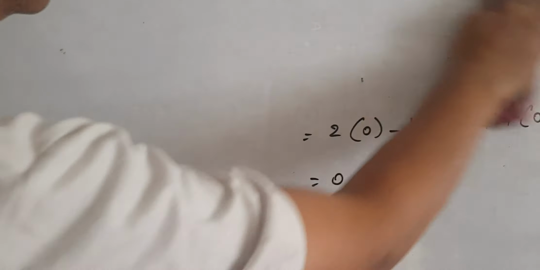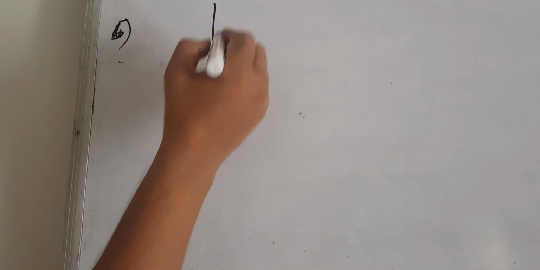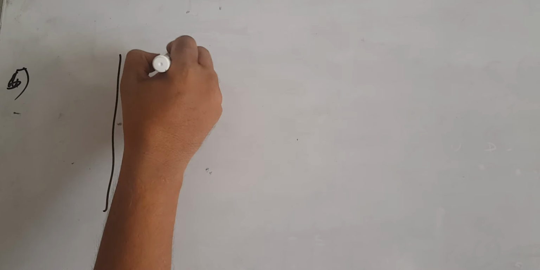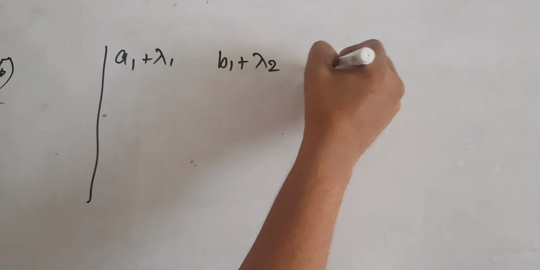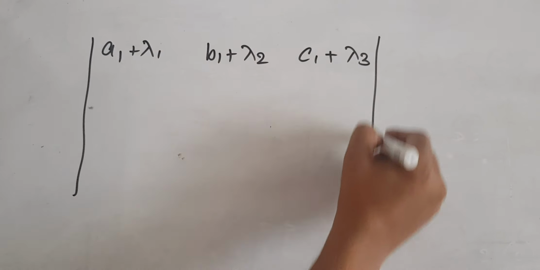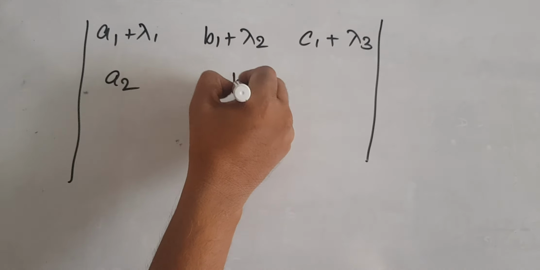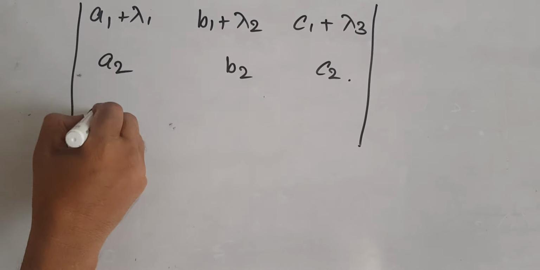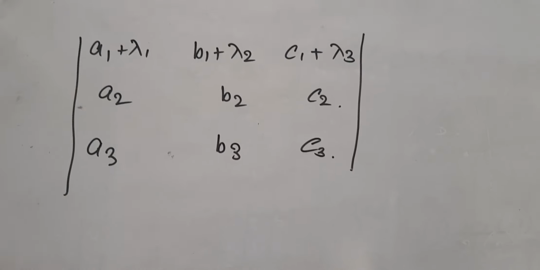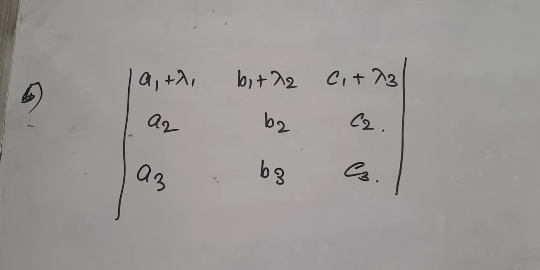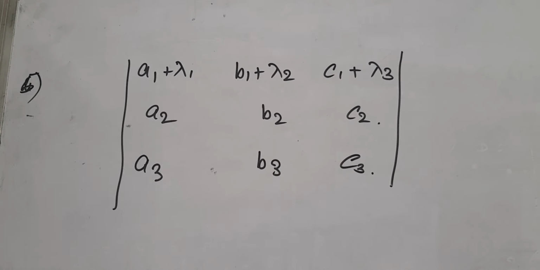And last, theorem number 5 is very simple. आप देख सकते हो. If you have given a determinant like this for theorem number 5, see: a1 plus lambda 1, b1 plus lambda 2, c1 plus lambda 3; a2, b2, c2; a3, b3, c3. If you have given any determinant in this way, you can separate them like this.